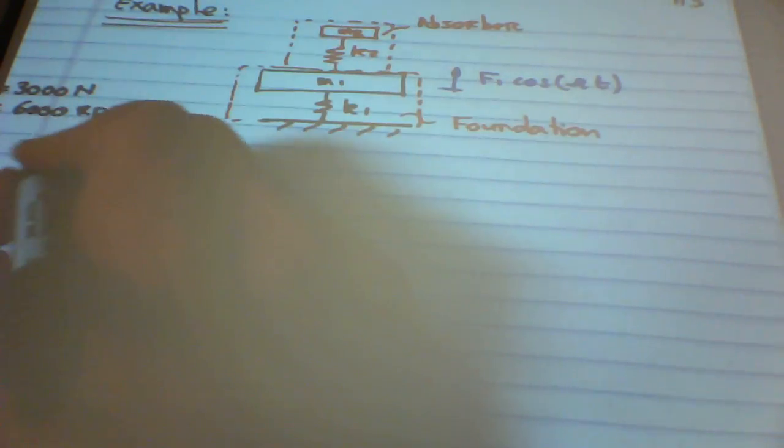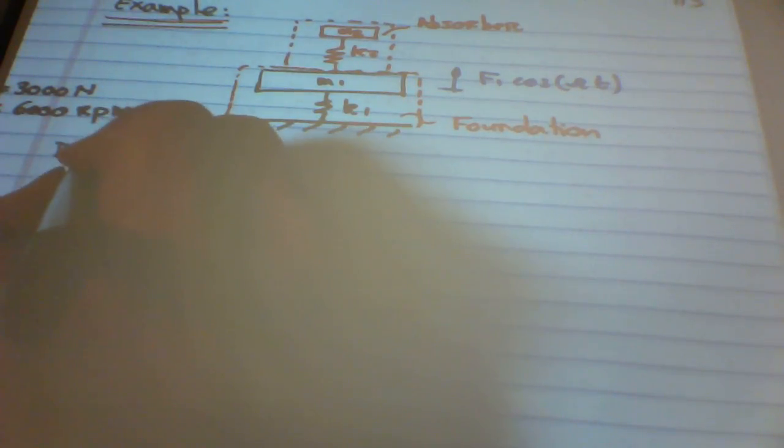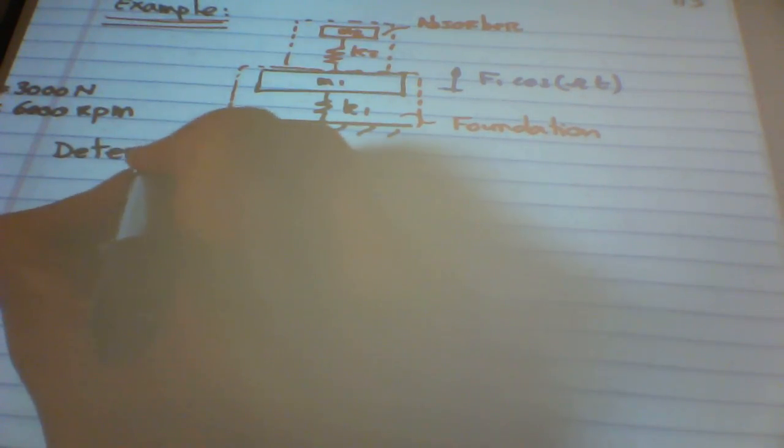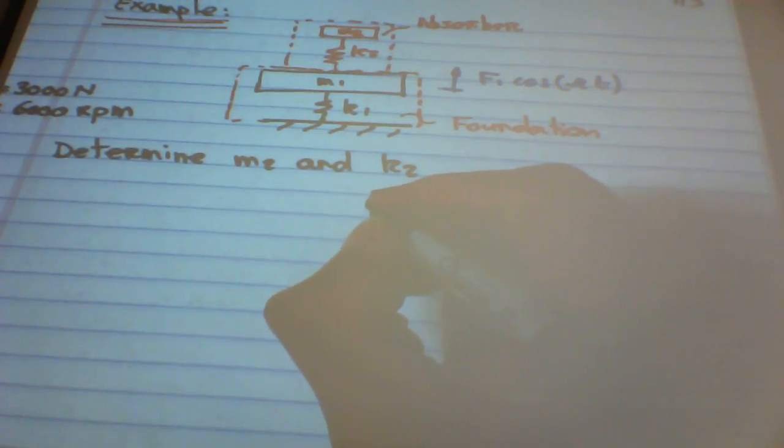So the answer is to determine M2 and K2 of the vibration absorber that will reduce the vibration when mounted on the pedestal.